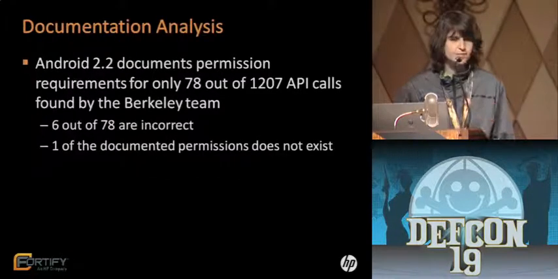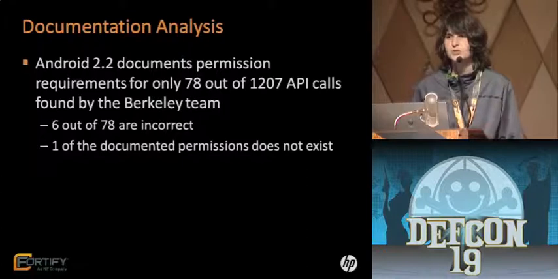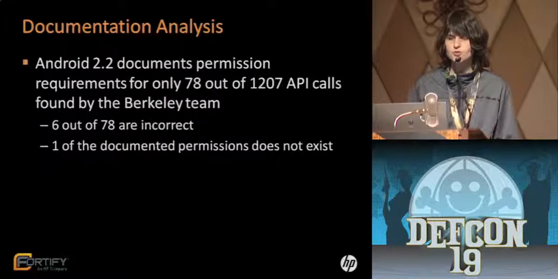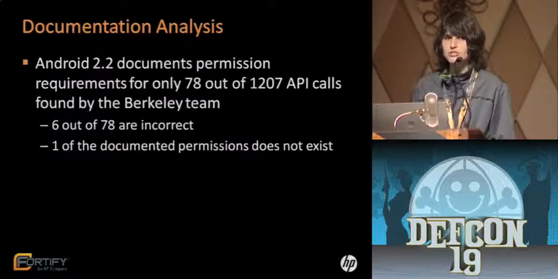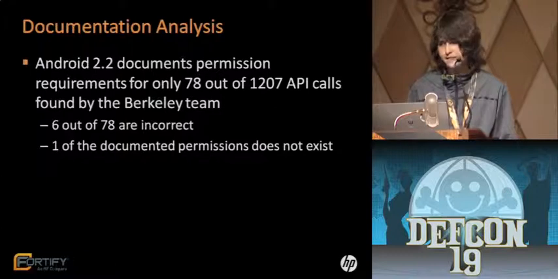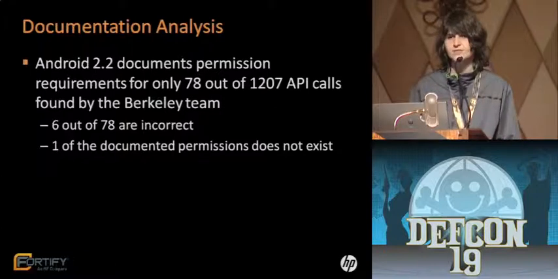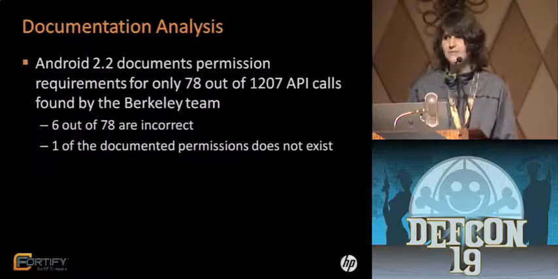In fact, my colleagues at Berkeley, while they were doing analysis of overprivileged applications, analyzed the documentation, and they realized that Android 2.2 documents permissions for only 78 out of 1,207 APIs that the team found. And in fact, 6 out of these 78 APIs were documented incorrectly. For example, one permission that was mentioned didn't even exist.